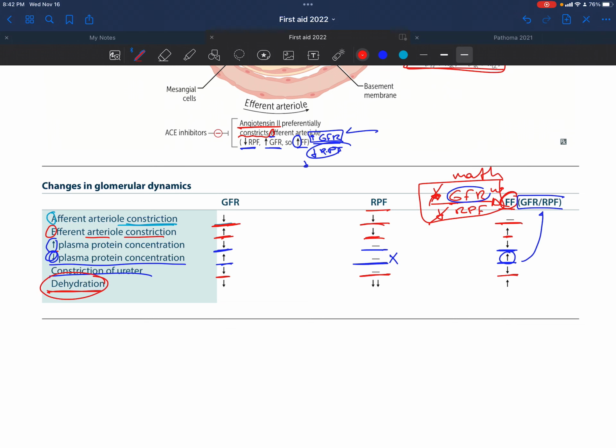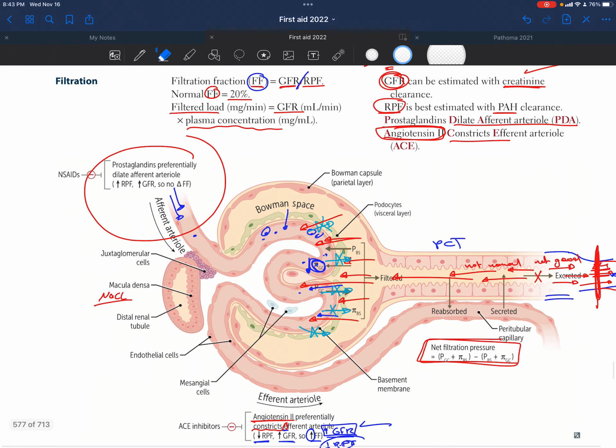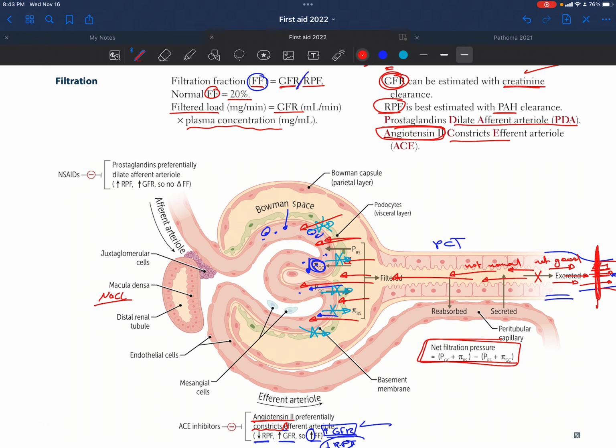We know in dehydration, there is less circulating volume, which means the amount of blood that goes to the lungs, to the heart, to the liver is just less. So there is less systemic blood flow. So the amount of blood that goes into the afferent vessel, into the glomerulus is less than expected.